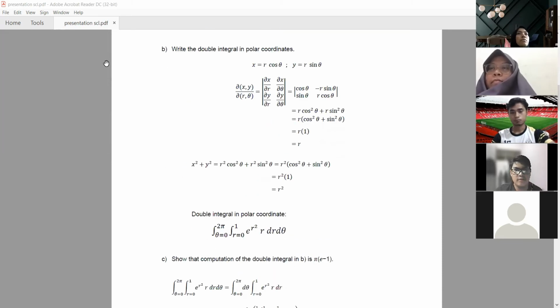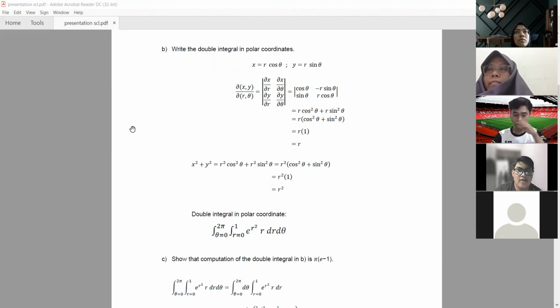Now for question B, they want us to write the double integral in polar coordinates. First we set x equal to r cos theta and y equal to r sin theta. So we use the Jacobian, and we get cos theta, negative r sin theta, and r cos theta.